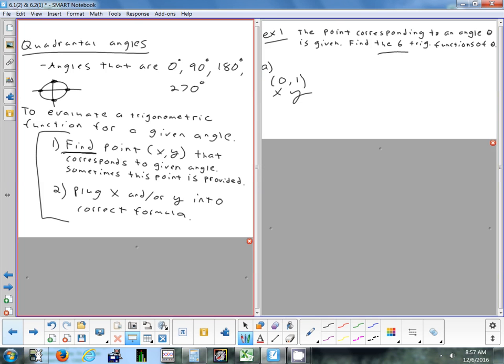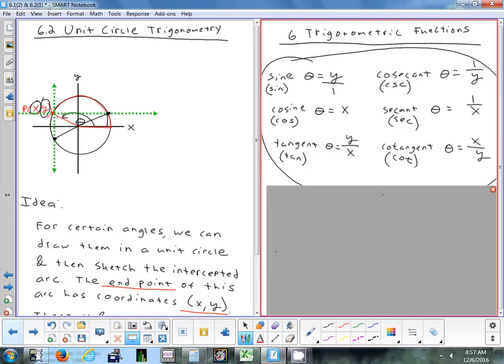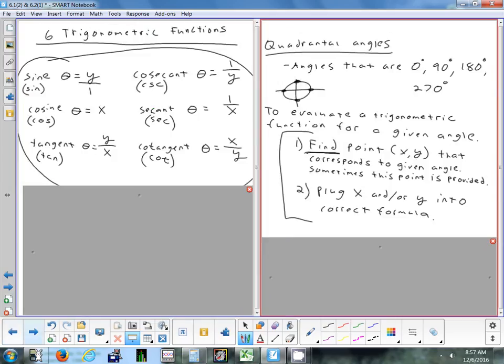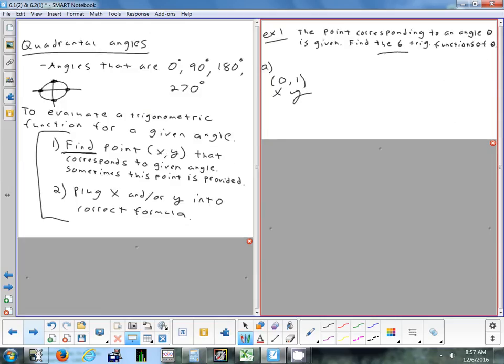All you have to remember is, what kind of circle are we on? Unit circle. And visualize that diagram in your head. To get to 0, 90, 180, or 270, all you're doing is moving 1 unit right, up, left, or down. So just think what the coordinate would be if you move 1 unit in any of the directions I just said.